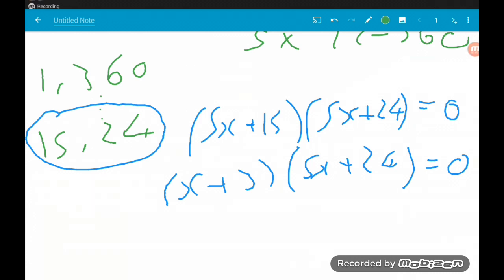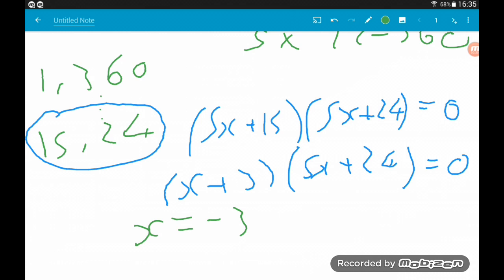Okay, so how do we get our two values? Well, hopefully we're used to solving quadratics by factorising. This left hand bracket, x plus 3, that tells us x is equal to minus 3. What about this second bracket though? Well, remember what we are finding the value of x that makes the bracket equal to 0.